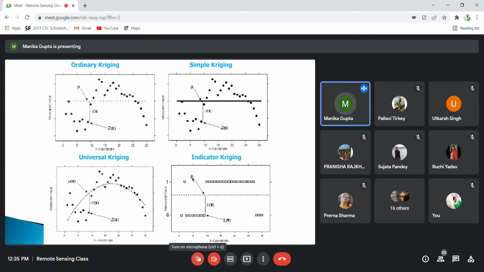If you look at this figure, it is for the same points, showing how the results vary in each of these. Here you have a constant unknown mean. In this, you have a constant known mean. Here, it is based on the fitted equation or a regression equation.